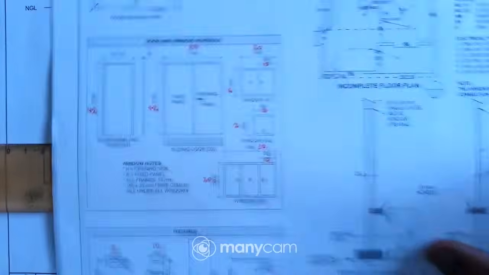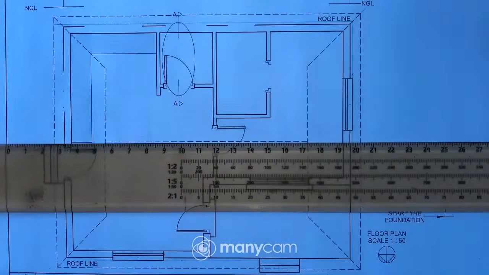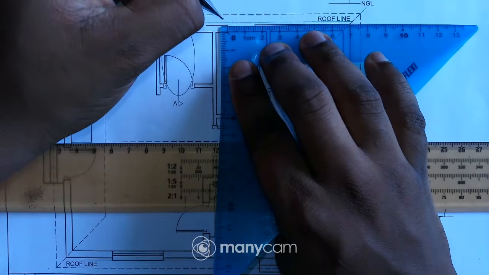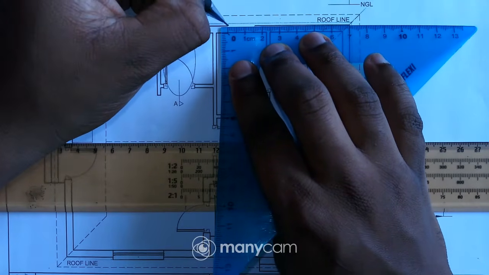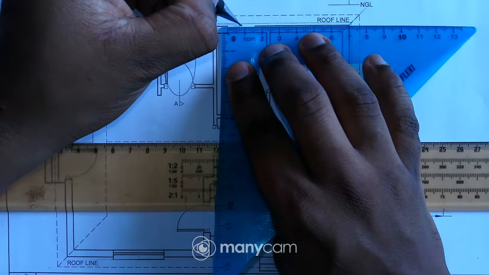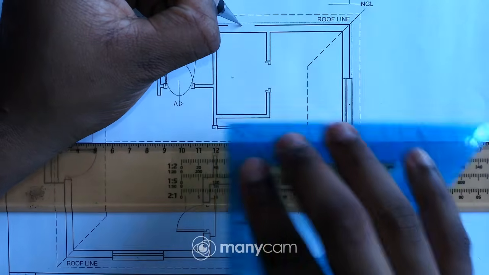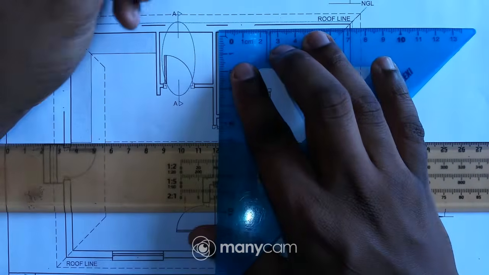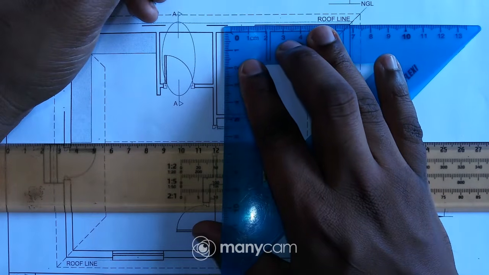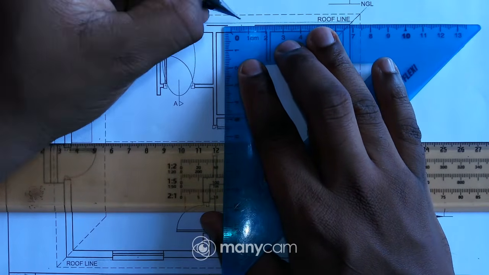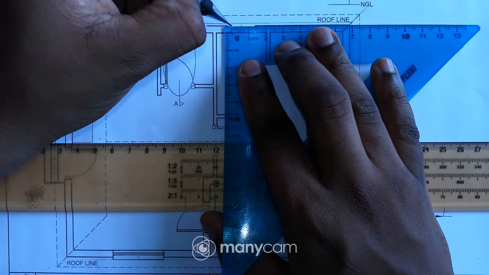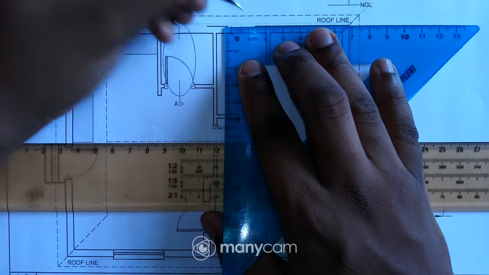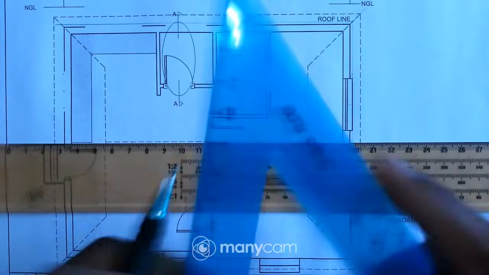So obviously that means this open gap is not correct. So I'll have to measure the length of the window. Because it's 16, half of 16 is 8, I'll just mark a center point there. From that center point, I'll measure 6 to the left and 6 to the right. Remember the length of the window is 12.